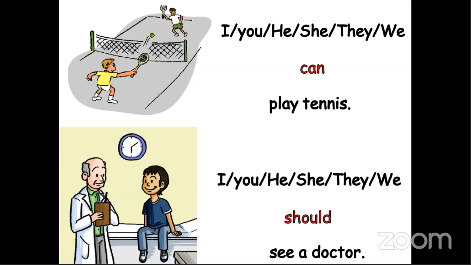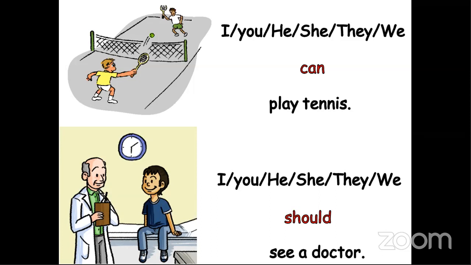Similarly, I should see a doctor, you should see a doctor, he should see a doctor, she should see a doctor, they should see a doctor, we should see a doctor. See, did you notice over here? Whatever the number or person of the subject, the modal verb did not change.